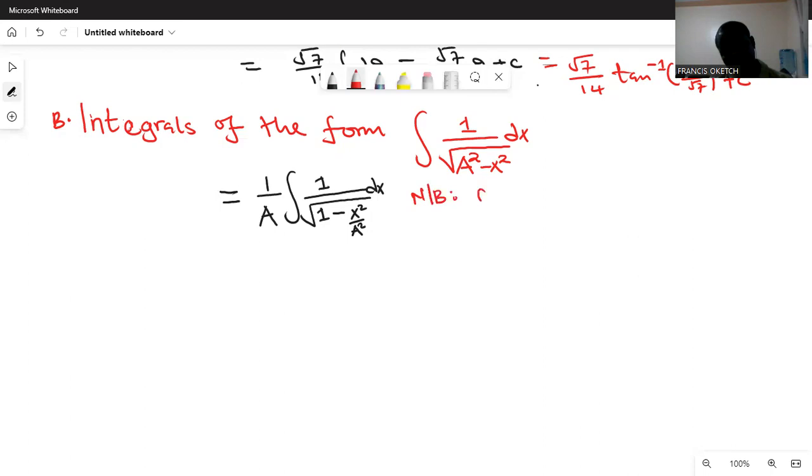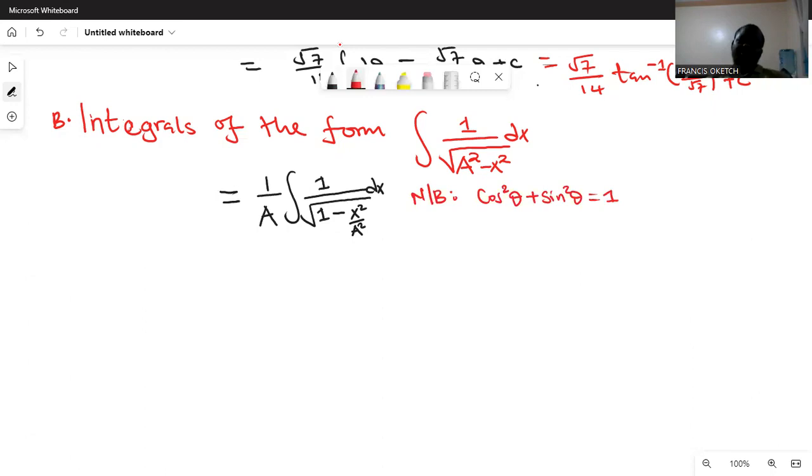We said cos squared x, but let's use theta because already we have x here. So cos squared theta plus sine squared theta gives us 1.